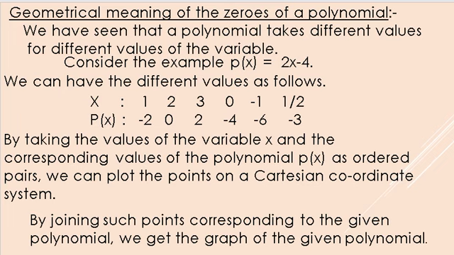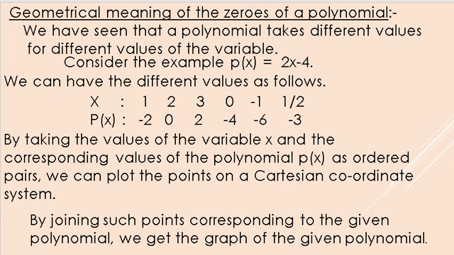We have seen that a polynomial takes different values for different values of the variable. Consider the example p(x) equal to 2x minus 4.